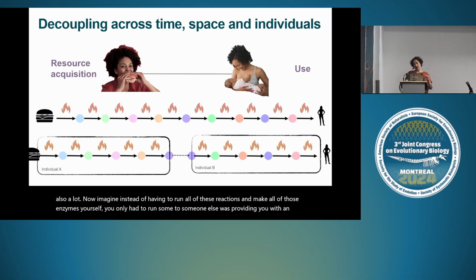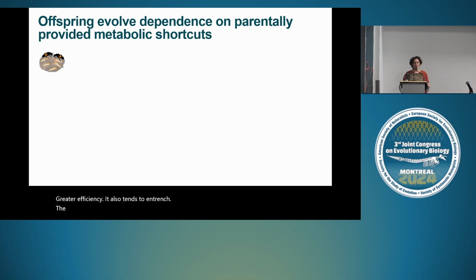This way, metabolic division of labor enables greater specialization and greater efficiency. It also tends to entrench the cooperation. Over evolutionary time, offspring, for example, tend to become dependent on parentally provided metabolic shortcuts.